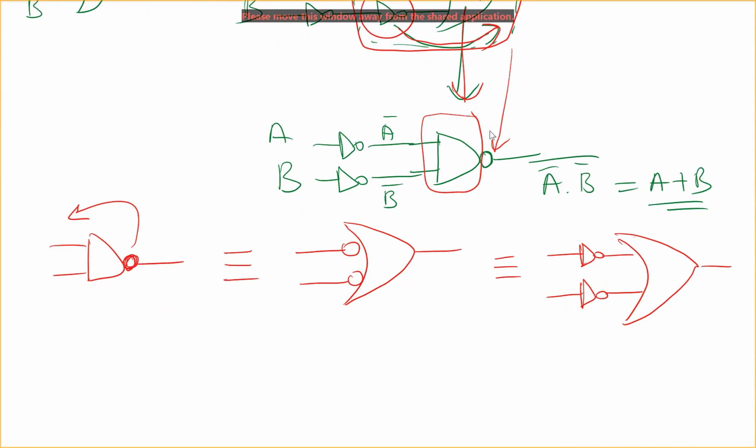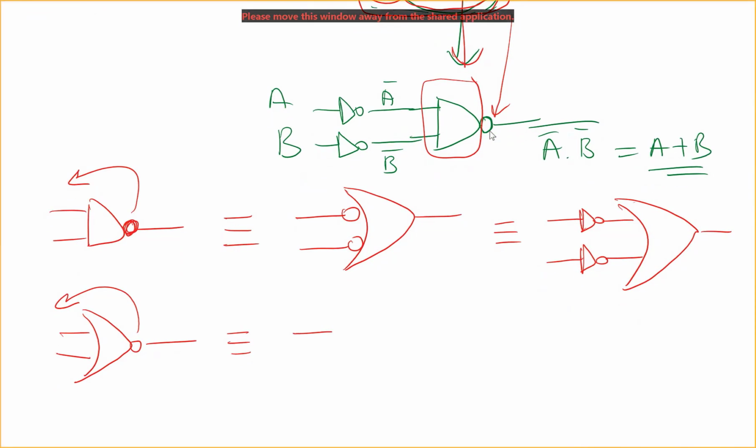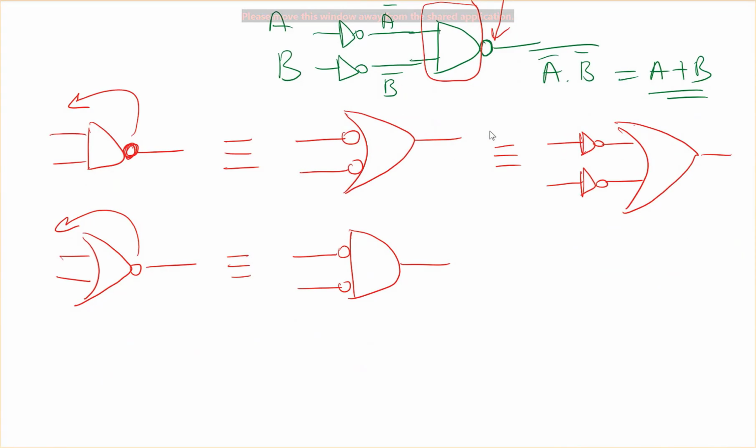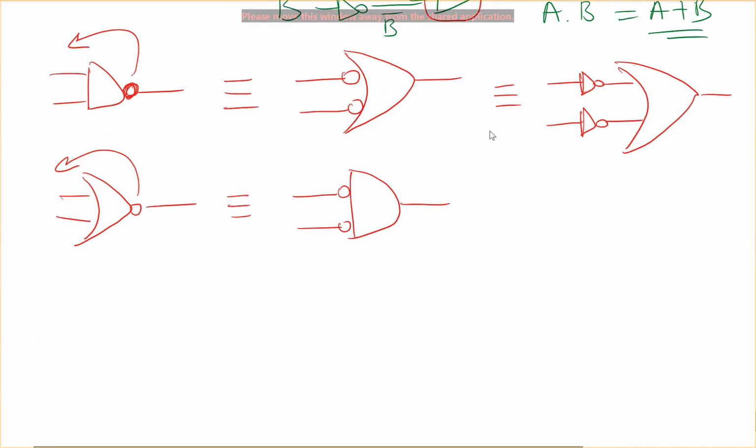So when we push the inverters from output to the input, the AND gate becomes an OR gate, and then we have NOT gates at the input. Similarly, if I have a NOR gate and I push this NOT gate to the input, I will get an AND gate and two inverters at the inputs. Okay, so these are the conversion rules. When you push the inverters from input to output, an AND gate becomes an OR gate, and an OR gate becomes an AND gate.